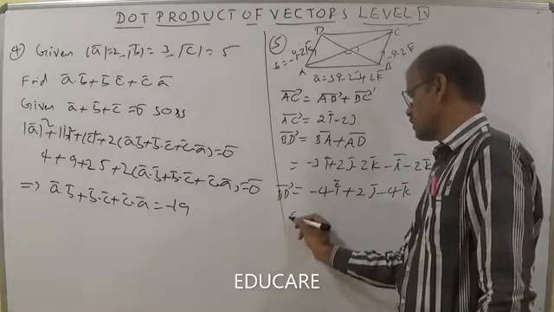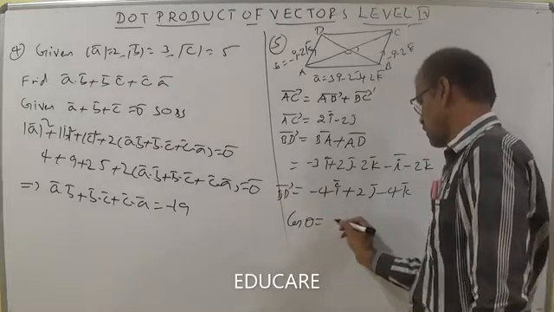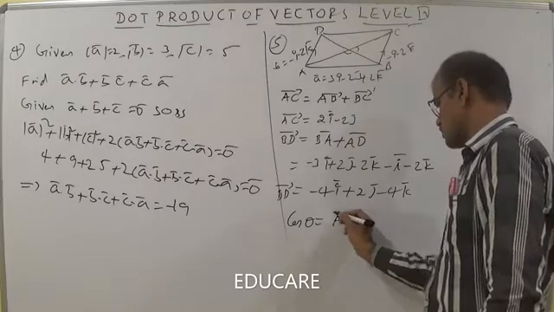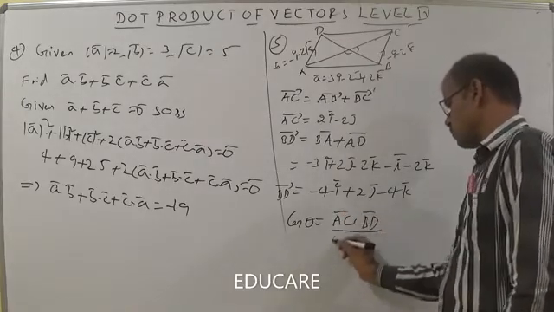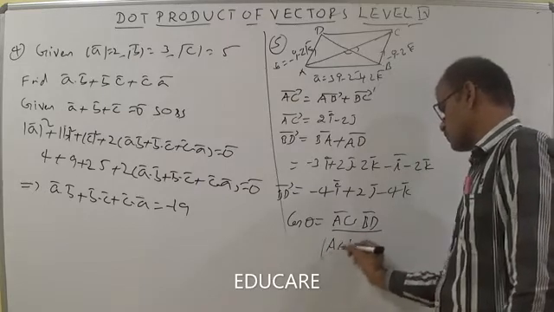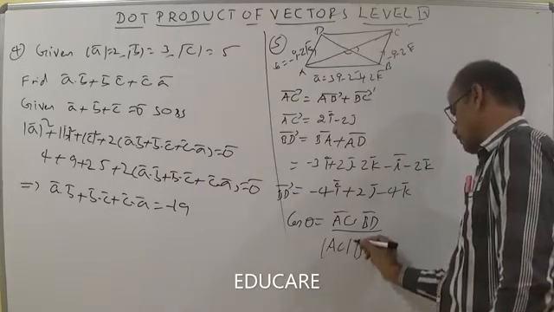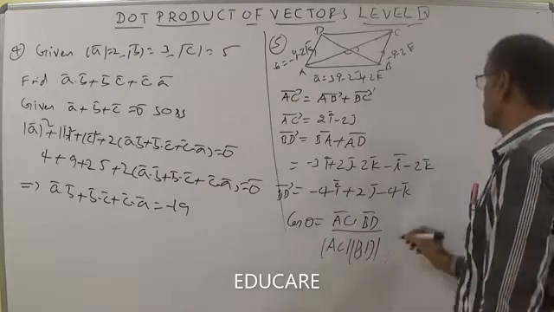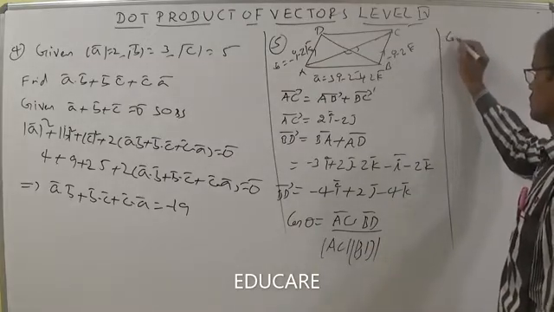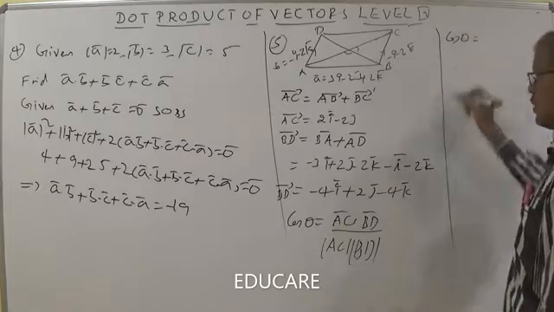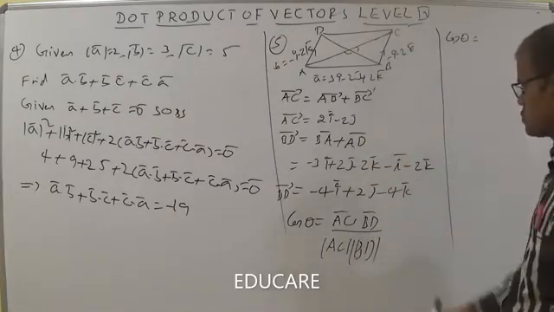You should calculate the angle between the diagonals. Cos theta is equal to AC bar dot BD bar by modulus of AC into modulus of BD. So cos theta is equal to, what is the value of AC? 2i minus 2j.